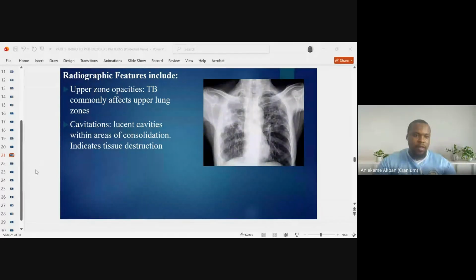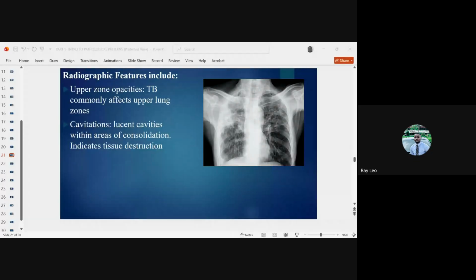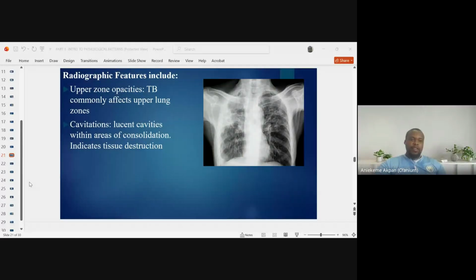If you're with me. Yeah, introducing tuberculosis and the definition of tuberculosis. Okay. Yes, I'm very sorry for that. I know my network disconnected.